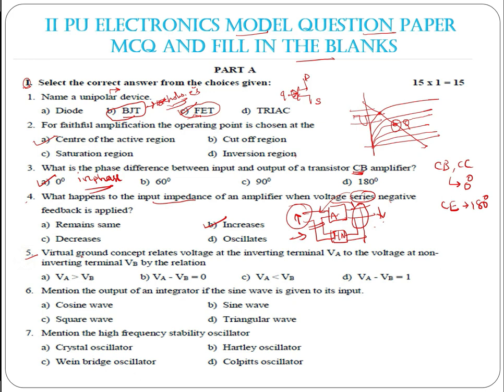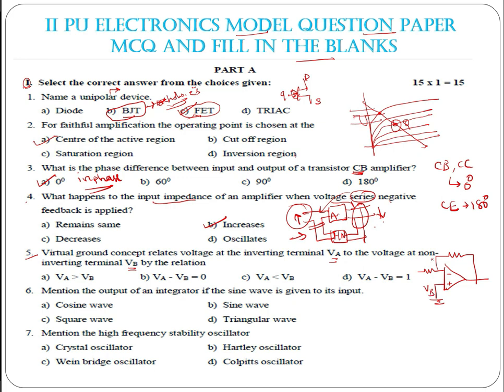Fifth question: the virtual ground concept relates the voltage at the inverting terminal VA to the voltage at the non-inverting terminal VB by the relation. You know, if you take an op amp and write the inverting mode, the virtual concept comes only in inverting mode, where the non-inverting terminal is grounded.